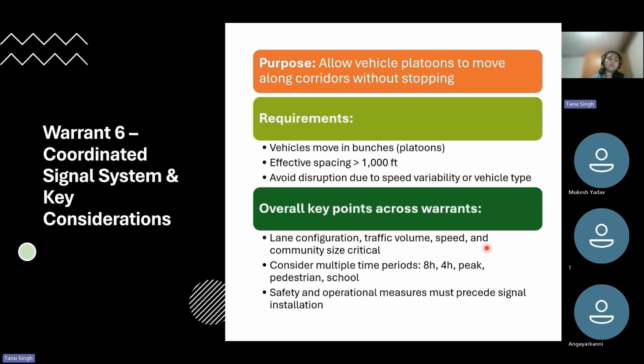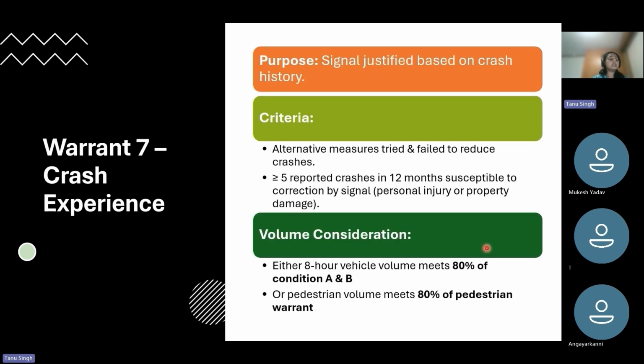Then coming to warrant 7, that focuses on the crash experience. It is also a safety based thing, signal justified based upon the crash history. So the criteria is that alternative measures have been tried and failed to reduce the number of crashes, but the crashes still persist.